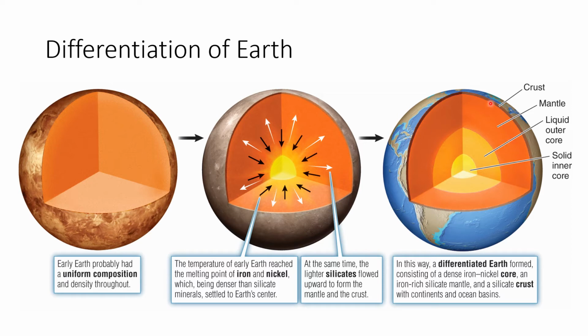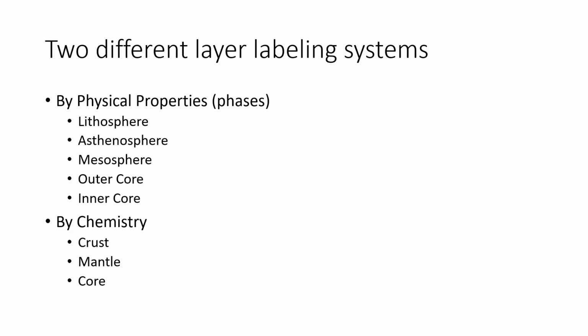And we're going to talk about these multiple concentric layers and the way the Earth differentiates. We're going to talk about differentiating the Earth into a couple of different things, and I just wanted to point this out because it can be confusing when you're looking at this stuff. There are at least two different labeling systems going on.